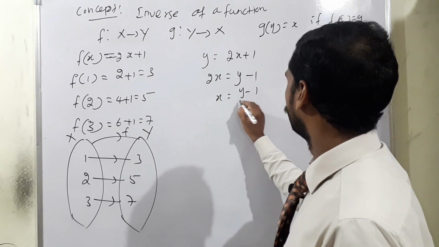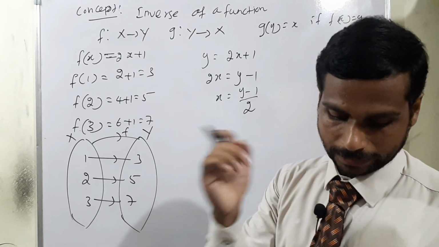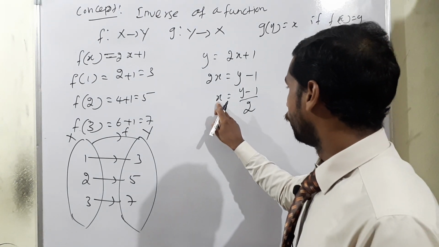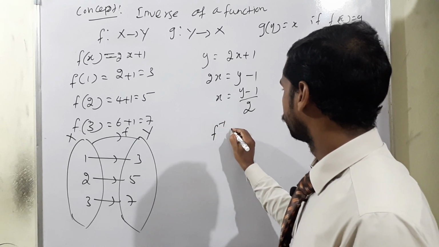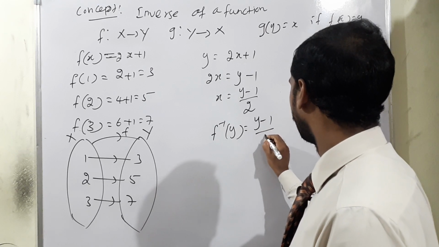Therefore, x is equal to (y minus 1) by 2. Then the next step, replace y with x. Then the third step also, f inverse of y is equal to (y minus 1) by 2.